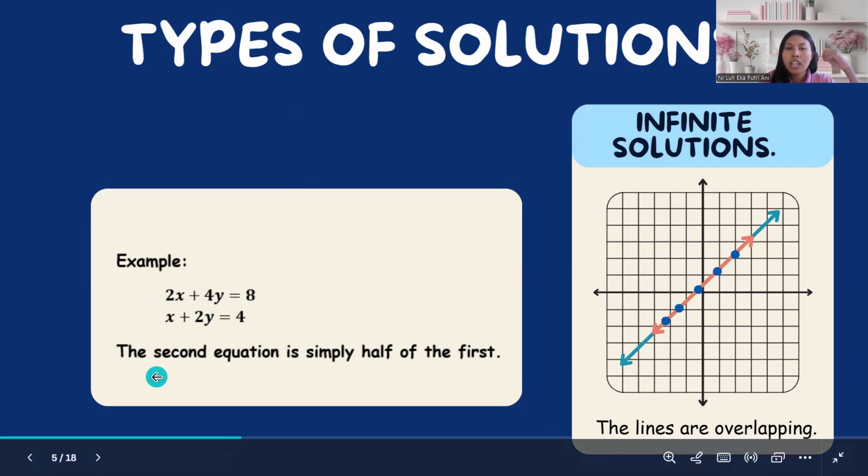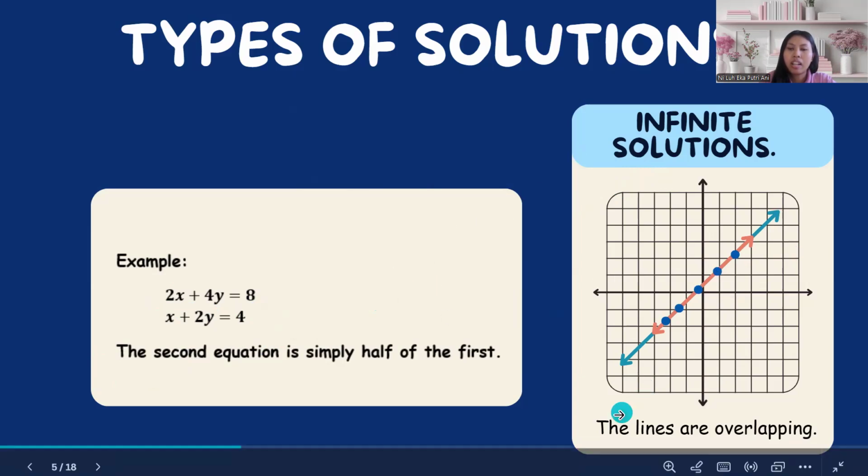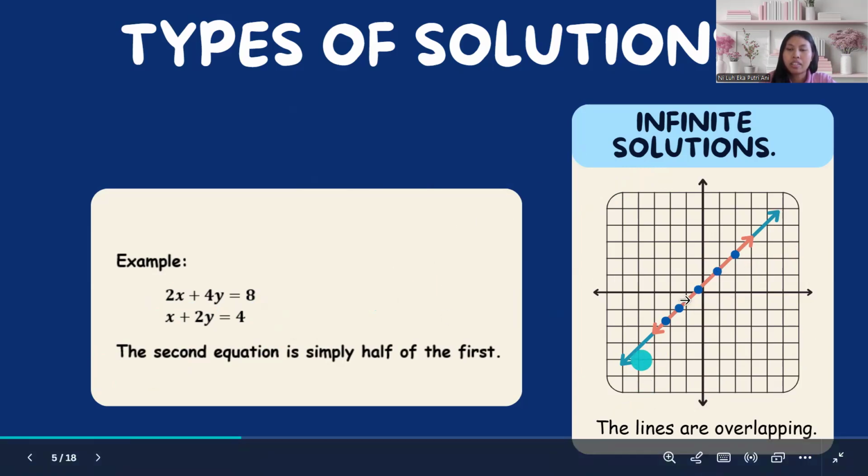The second equation is simply half of the first. That's why this system has infinitely many solutions. The lines are overlapping.